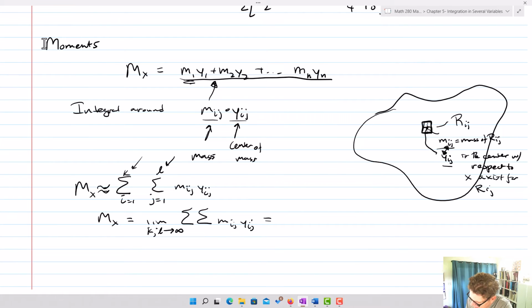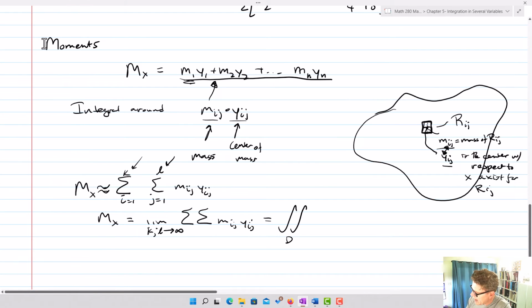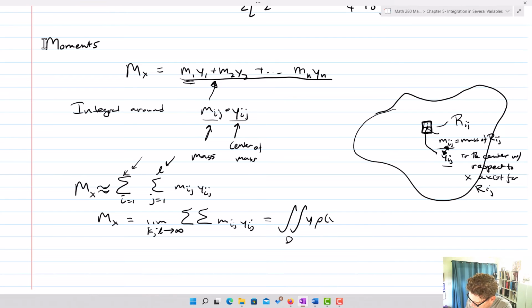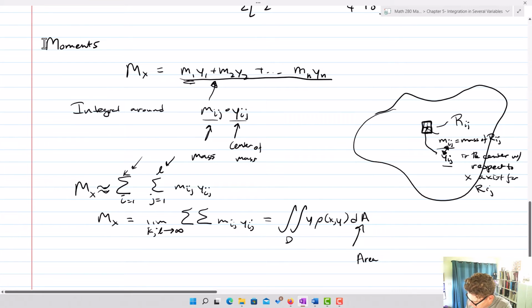And then this ends up giving me the double integral over whatever region D we're looking at, of y times rho of x y, dA. This is the area, and this is the density. The 2 of those multiplied together give me the mass, and then y is your location.